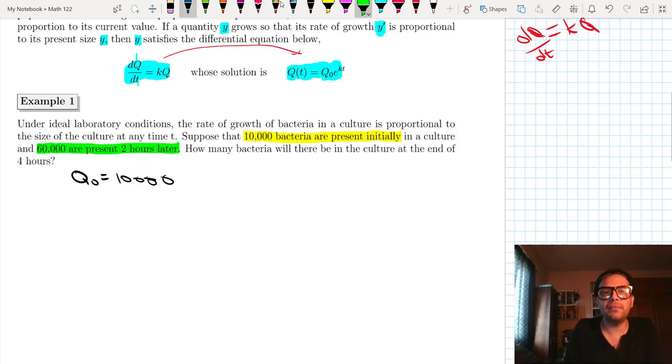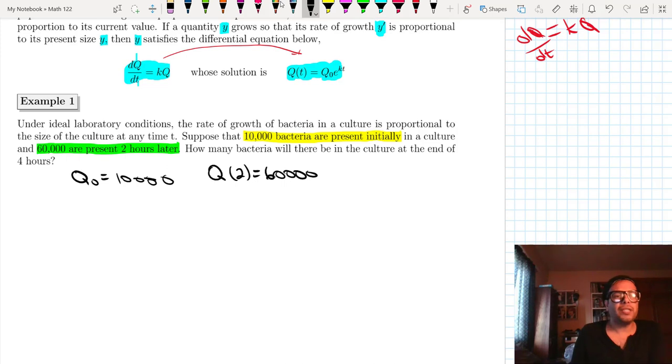This is giving us a condition for the equation. That sentence I highlighted in green means that Q of 2 equals 60,000.